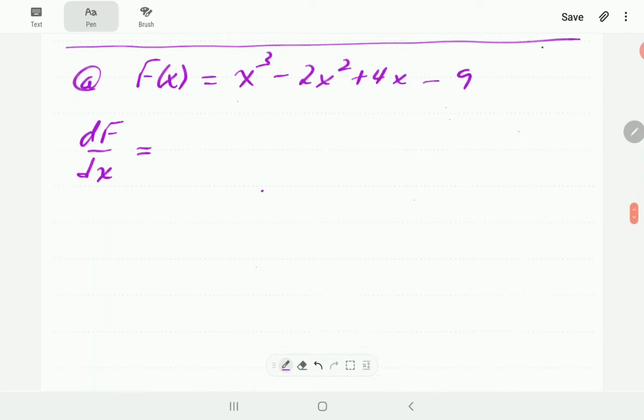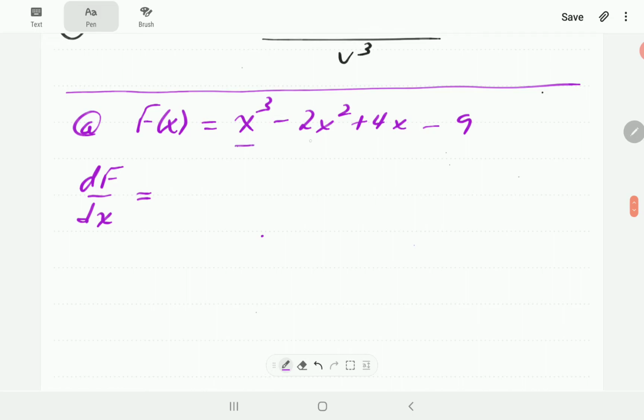To differentiate this, we simply differentiate each of these terms separately and then add those derivatives up. For the first one, differentiating a power involves multiplying by 3. So we're going to multiply by 3. Then we are going to subtract 1 from the power.